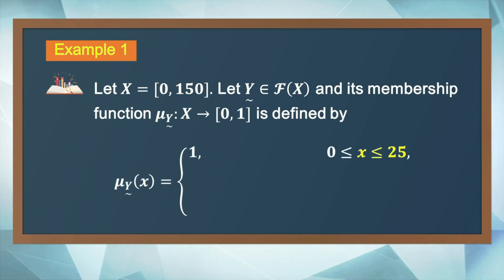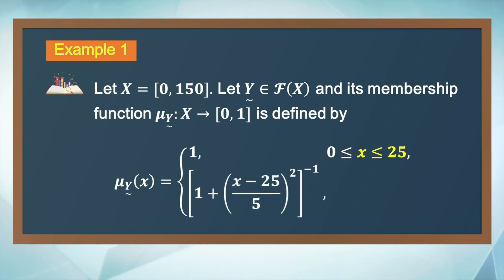The degree of membership of x in Y equals 1 if x is greater than or equal to 0 and less than or equal to 25. And the degree of membership of x in Y equals the reciprocal of the quantity 1 plus ((x minus 25) over 5) squared if x is greater than 25.